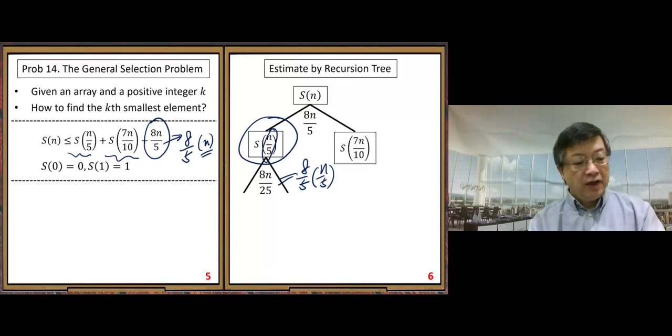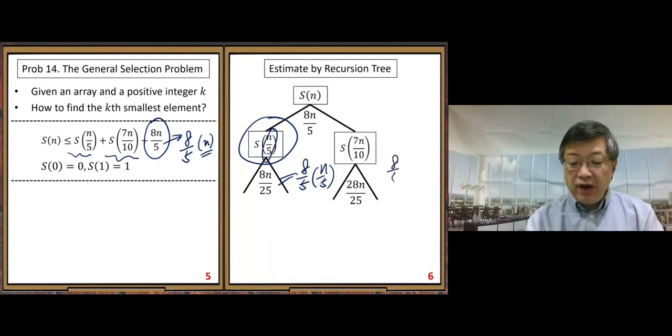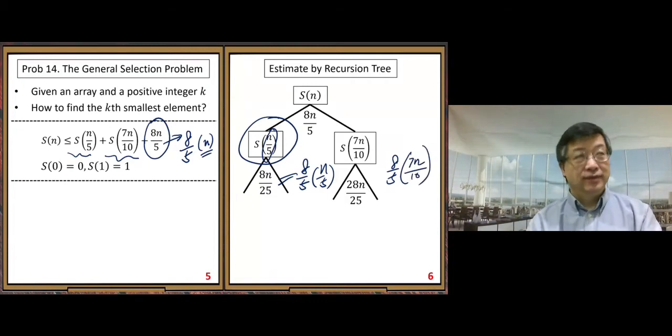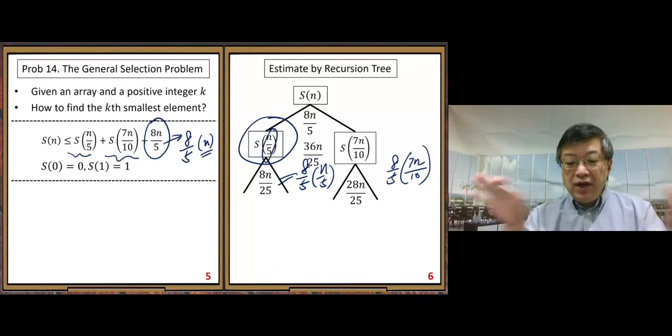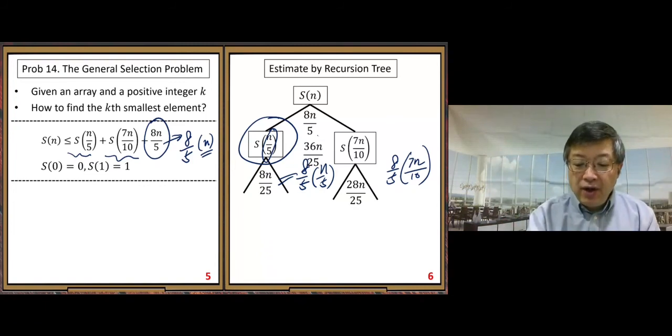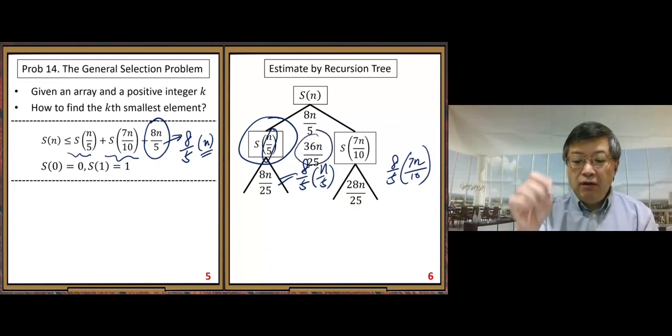Similarly, on this side, we can do the same way: 8/5 multiplied by 7n over 10. Then, if we add these two numbers together, we get 36n over 25.